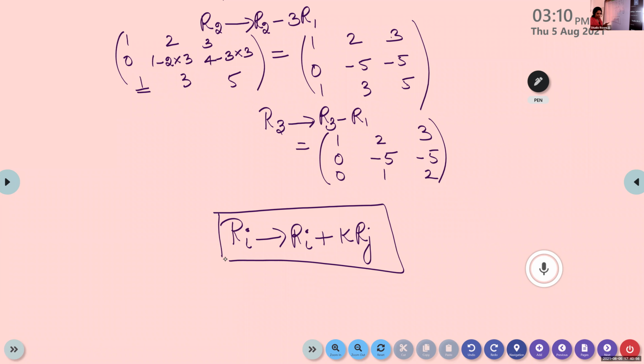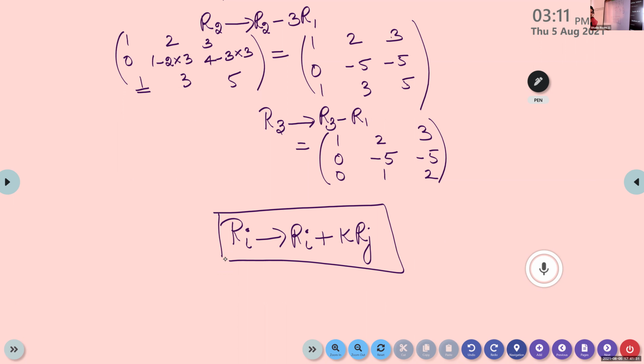So near to that, you write down, children: adding to each element of the ith row k times the corresponding elements of the jth row.